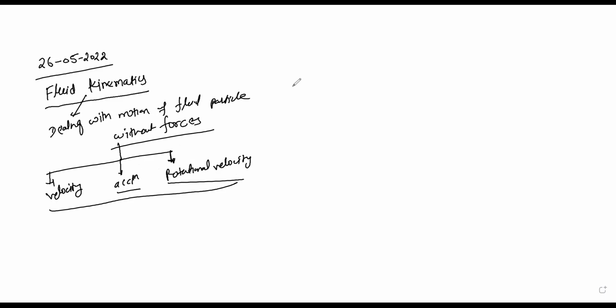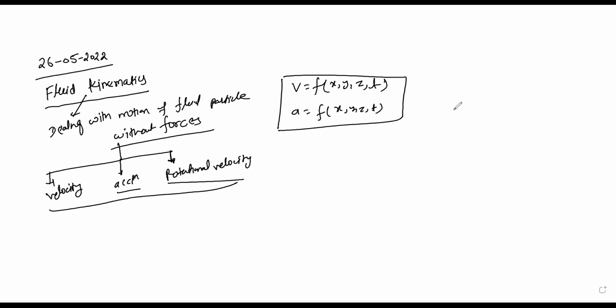First of all, the velocity is a function of space and time. Similarly, the acceleration is a function of space and time. The velocity of a fluid particle in space is represented in a three-dimensional axis: x, y, and z. Along the x-axis, let us consider the velocity of the fluid particle is u, along the y-axis v, along the z-axis w.